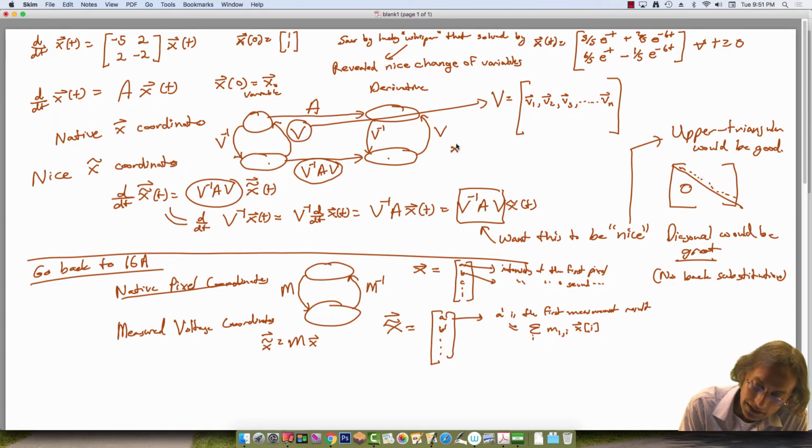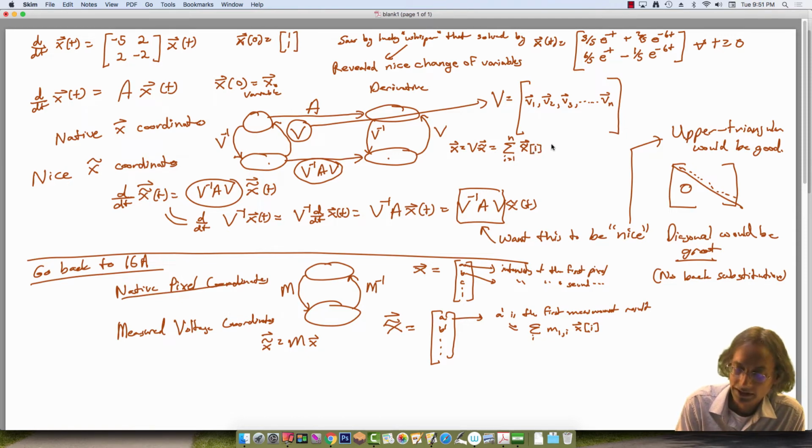So when I say that x equals V times x tilde, what I'm really saying is that x is equal to the sum, i equals 1 to n, of x tilde indexed into the ith position times vi.